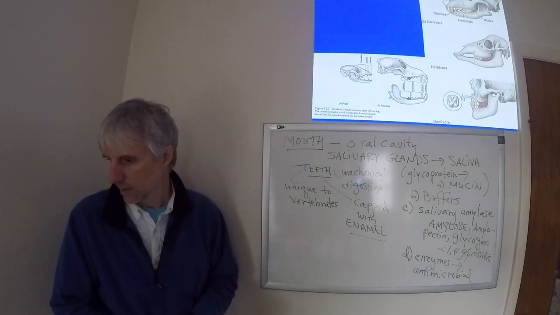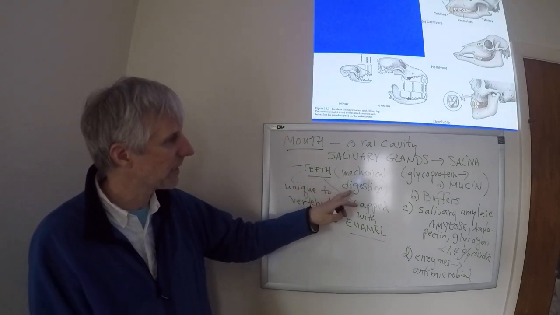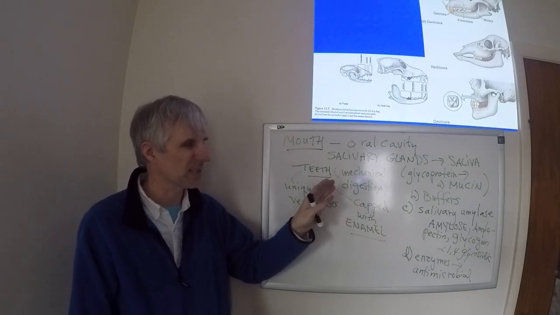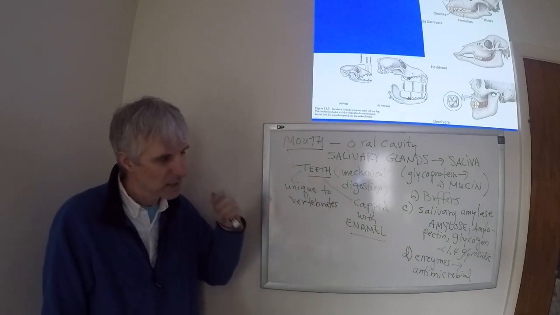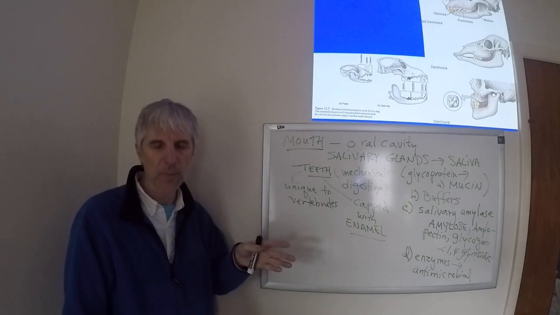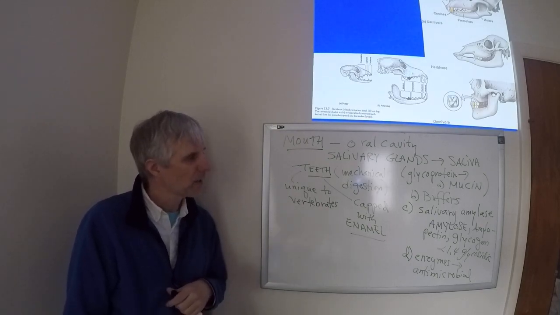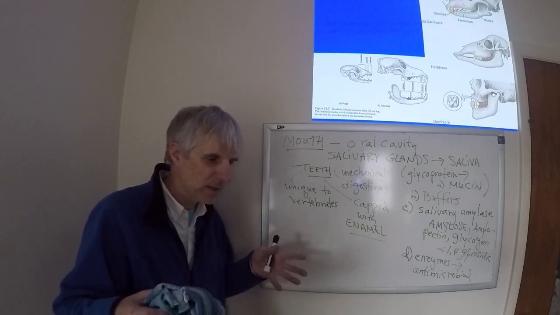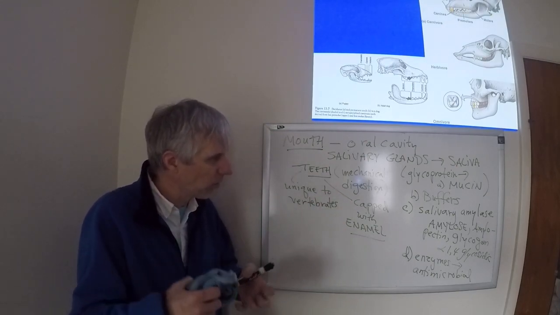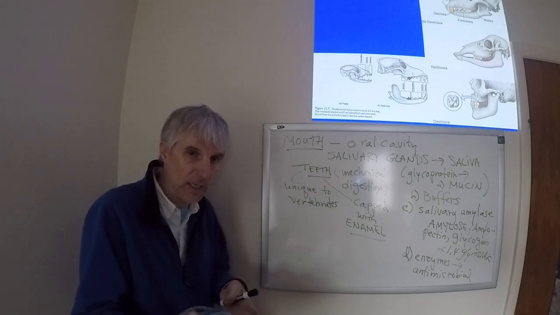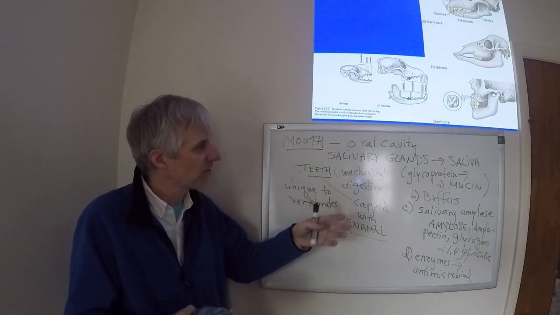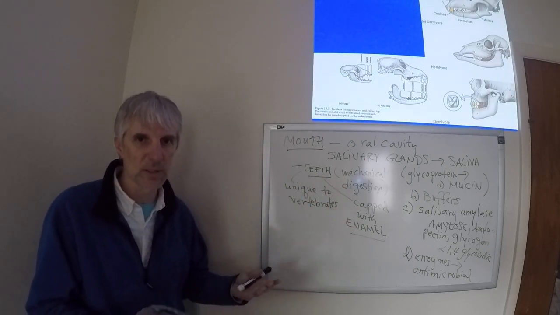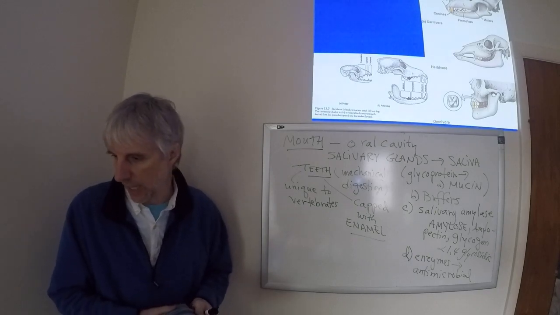Now, in addition to mechanical digestion, the other thing teeth are for is grabbing and holding prey. You could imagine a cat going after a bird. The cat uses its teeth to hold the bird in place until it can kill it. And then the teeth would be used for this kind of mechanical digestion of the bird once it's dead.